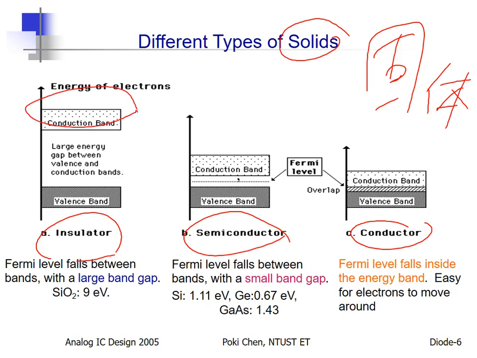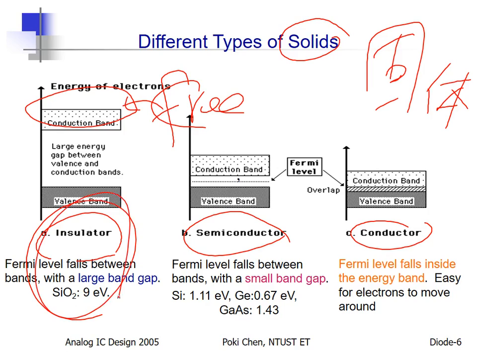We have the conduction band for free electrons, 自由电子. And all the others bonding to the atoms, the outermost, we call valence electrons, the valence band. That is the highest.